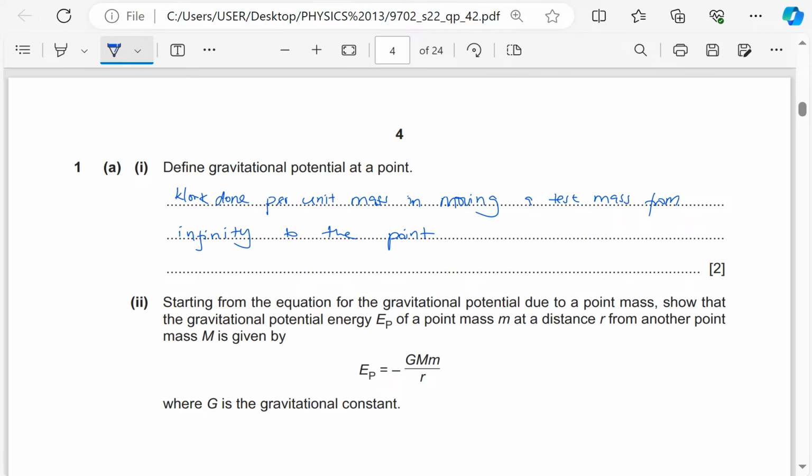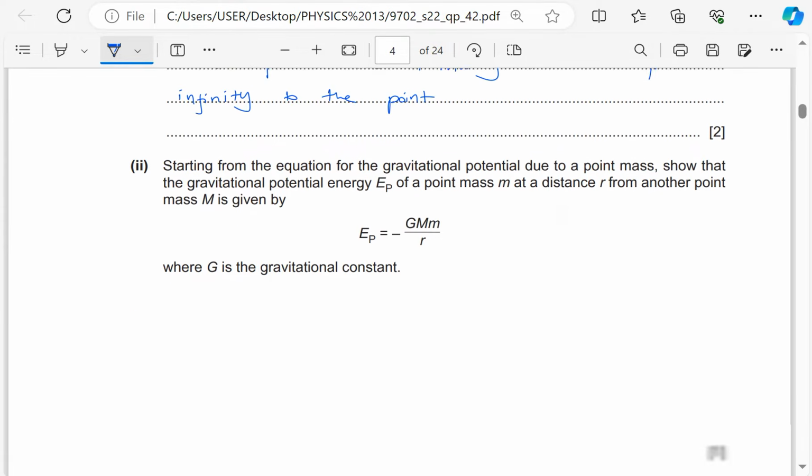So that is what we mean by gravitational potential at a point, the work done per unit mass in moving a test mass from infinity to the point.